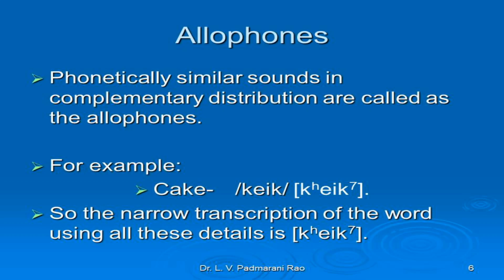And then the word final k has a small superscript of stop, which would mean that it is unaspirated and unreleased k. So there is a slight difference in the pronunciation of the initial sound of k and the word final sound of k. Such phonetically similar sounds in complementary distribution are called allophones.